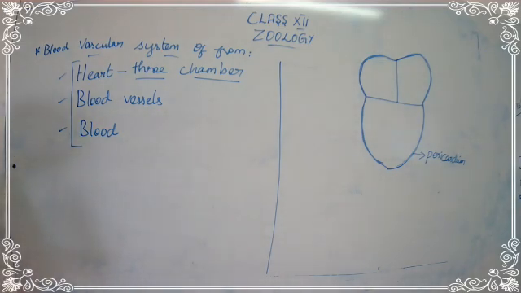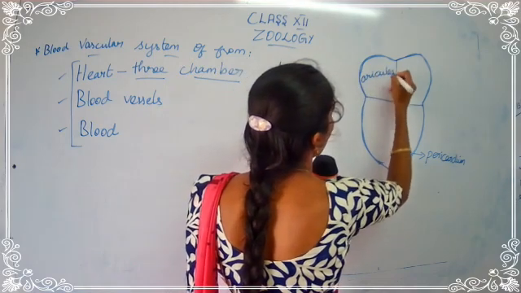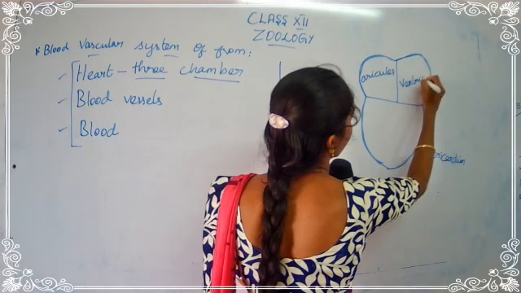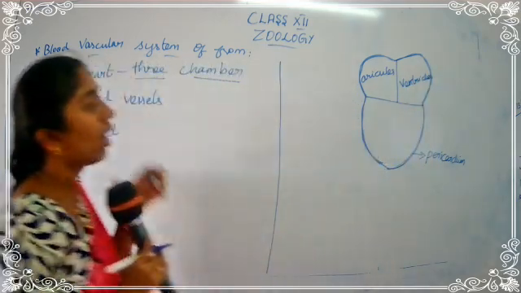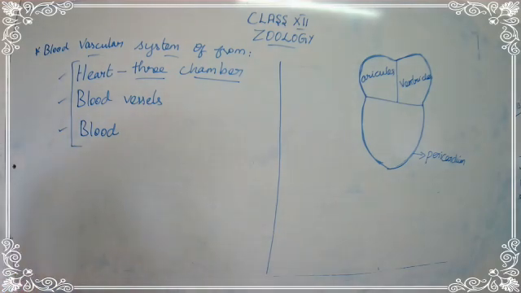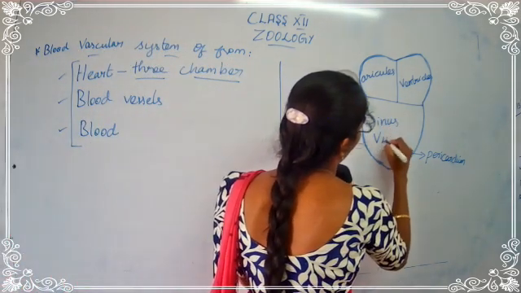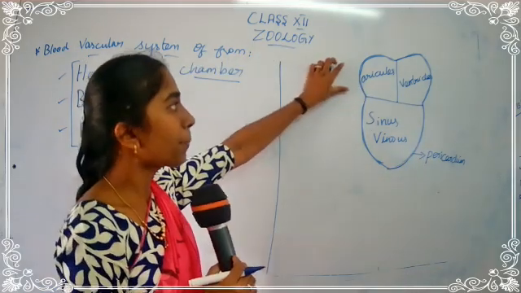The anterior chamber is called the auricles. And the posterior chamber is called the ventricle. Okay. And the triangle chamber is called sinus venosus. Sinus venosus. Okay. So look at me.